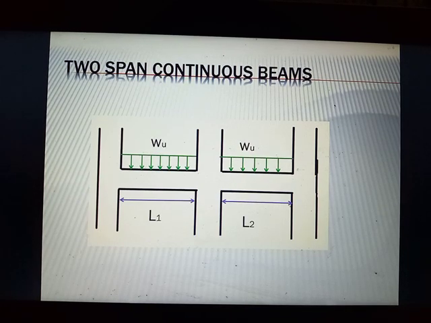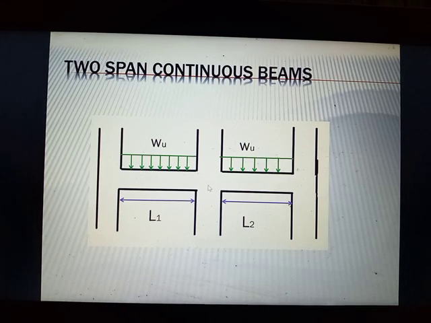Let us consider the lengths of those spans. I would like to clarify that the spans we will be using in this approximate method should be the clear span. When we say clear span, it is from the inner edge of your columns.